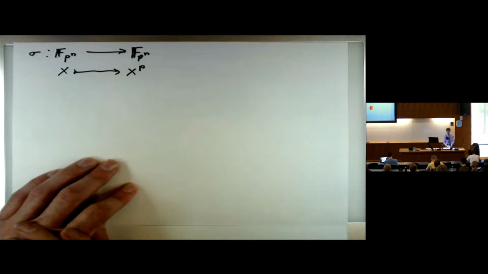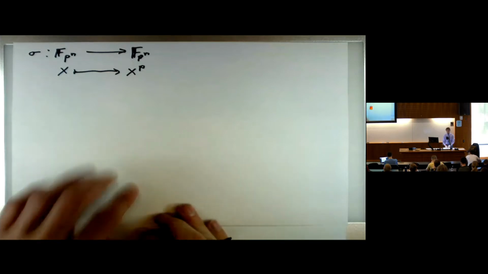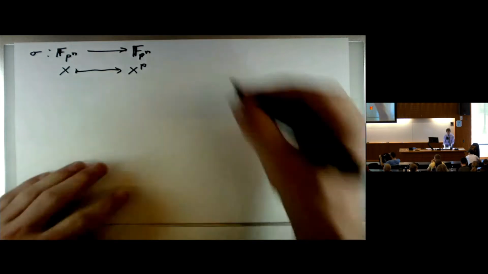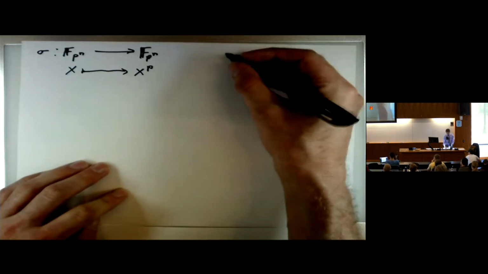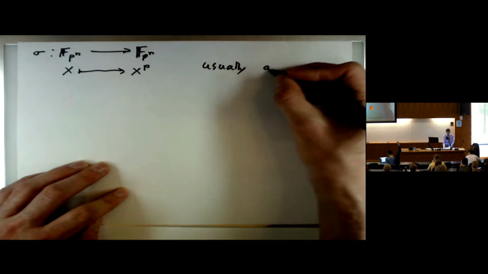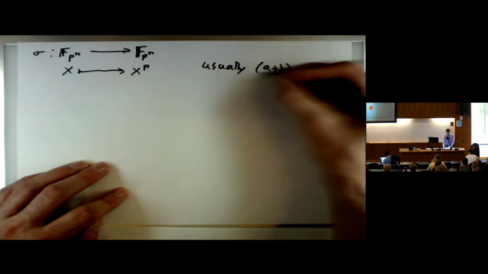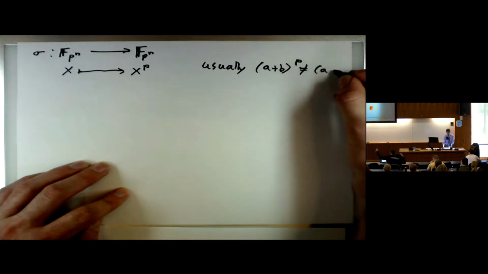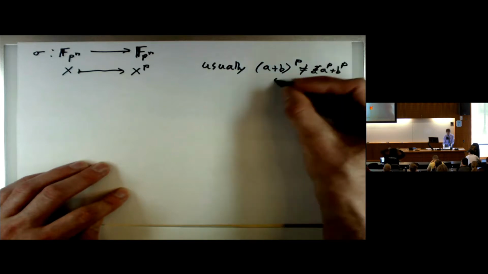And the significance of this, so this is a homomorphism, and that's not something you would expect if you were working in characteristic 0, because, of course, it's generally not true that (a + b)^p is equal to a^p + b^p, usually.